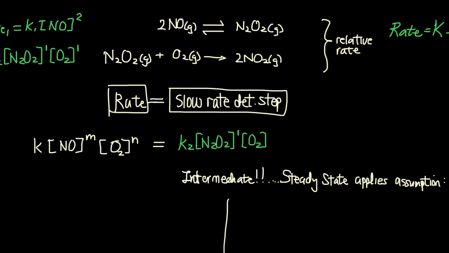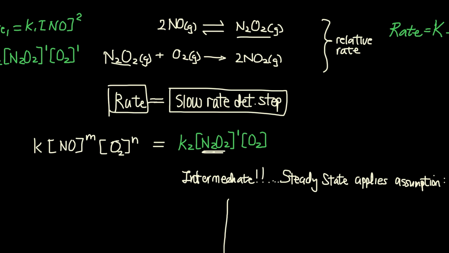So the problem with this is anytime that our rate law here includes an intermediate, we don't want that. This is an intermediate, which is something that is created in one step and consumed later on, so it does not appear in the overall reaction.